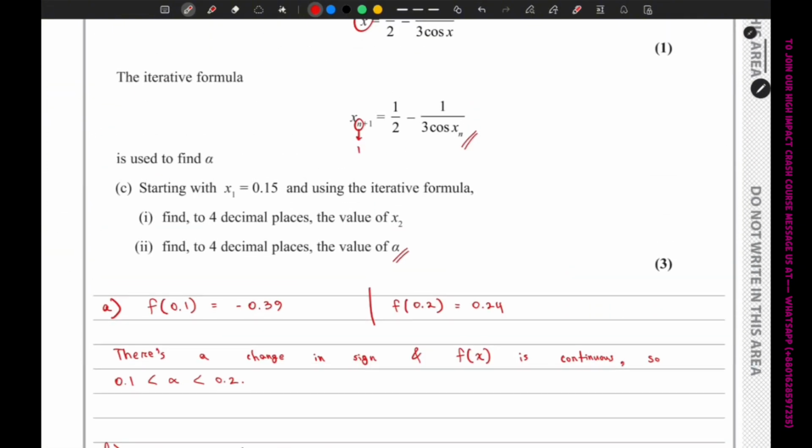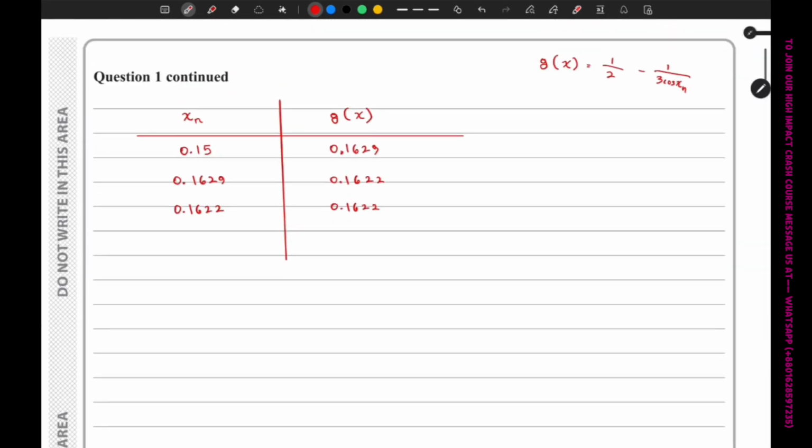Now as you can see, we have to write the answer to 4 decimal places. So 4 decimal places is this value. Now as you can see, these 2 digits repeated themselves twice. So this is when you should stop your iteration.